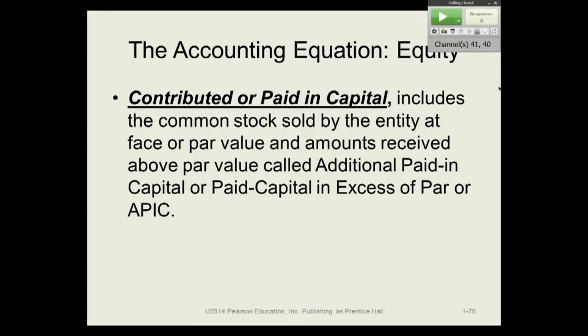If the selling price, let's say it's Google stock and Google sells for $40, that means that when they issue the stock, they receive $40. $1 is par, and $39 is paid-in capital in excess of par.